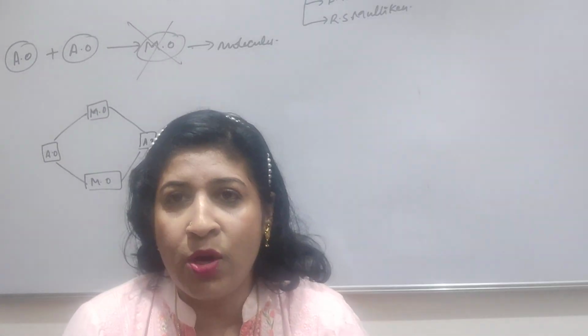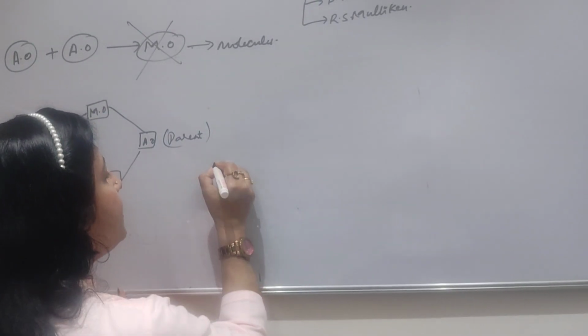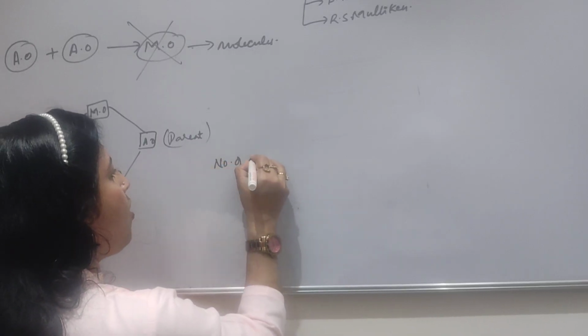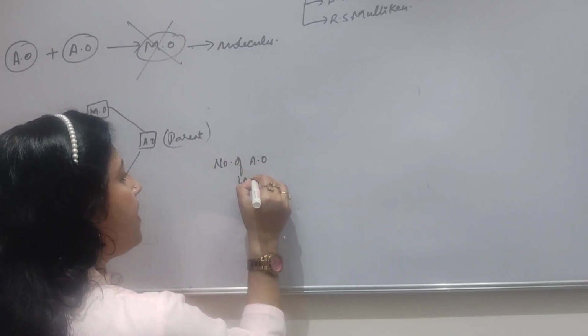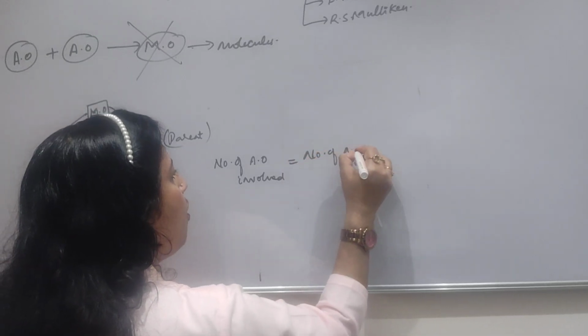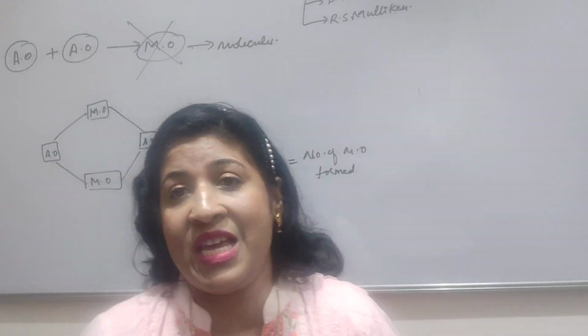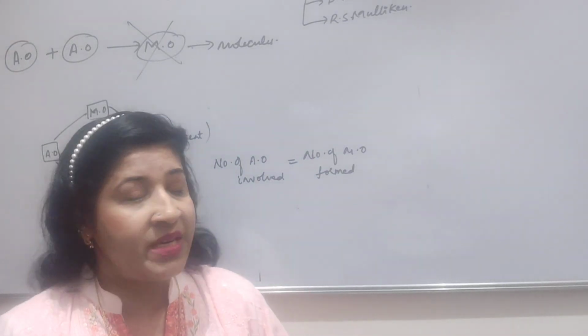When two parent atomic orbitals combine, they form two molecular orbitals. That means the number of atomic orbitals involved is always equal to the number of molecular orbitals formed.